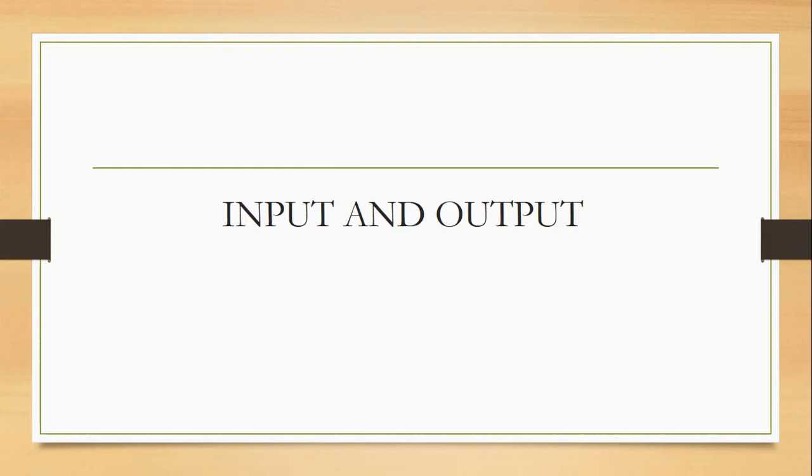I had said that today we were going to start by checking how we perform input and how we perform output when working with the Python language. Remember, the basic functions of a computer are just to receive data, manipulate that data, and give out the output.